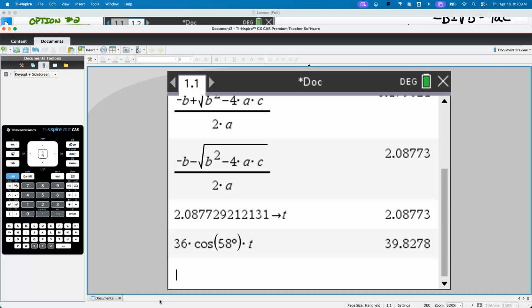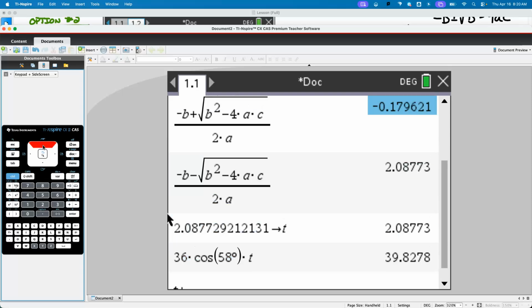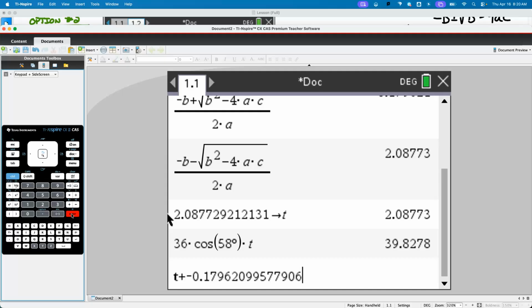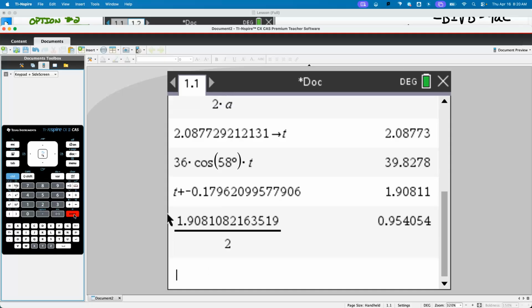I know that t is my second zero, but I didn't ever save that first zero, but I can scroll back up until I get to it and type it in there. So I'm going to add those two numbers together, and then I'm going to divide by 2, because I need to take the average of those two numbers.